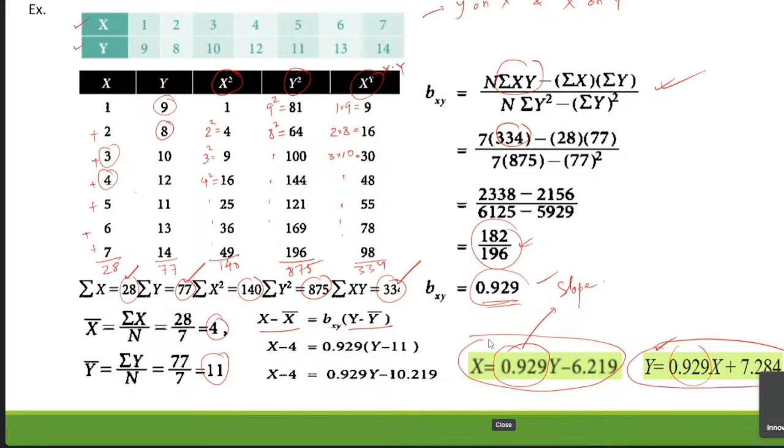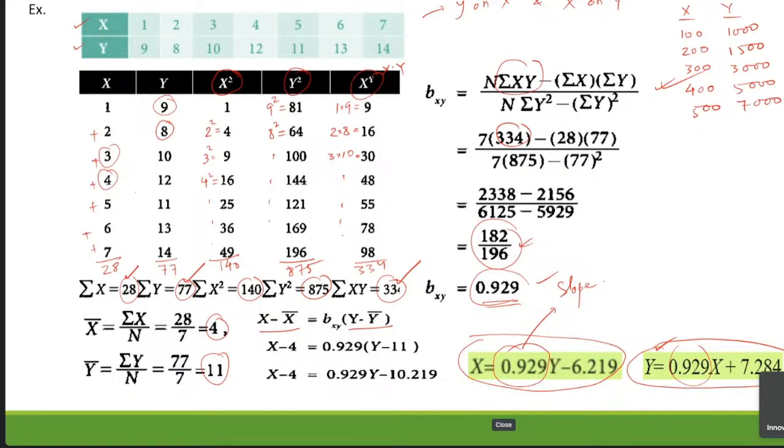Now, for simplification, let me discuss another thing: the change of scale and change of origin. Sometimes the values of x and y may be large. Let us suppose x values are 100, 200, 300, and the y values are 1000, 1500, 3000, 5000, 7000.